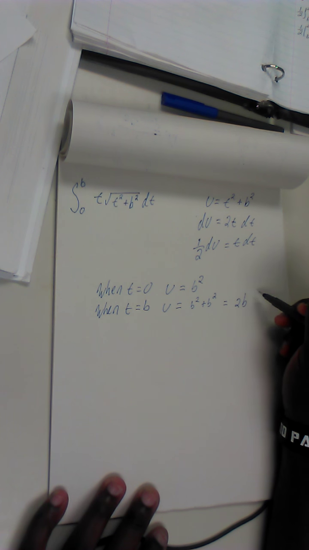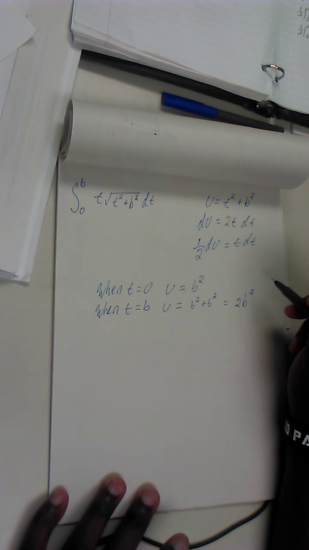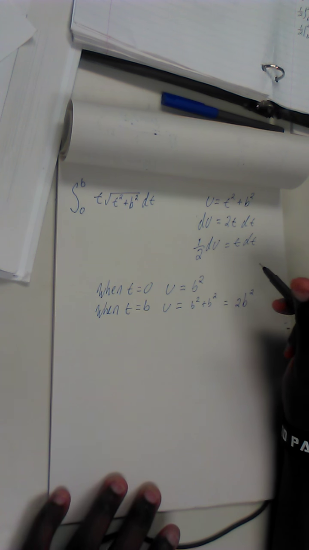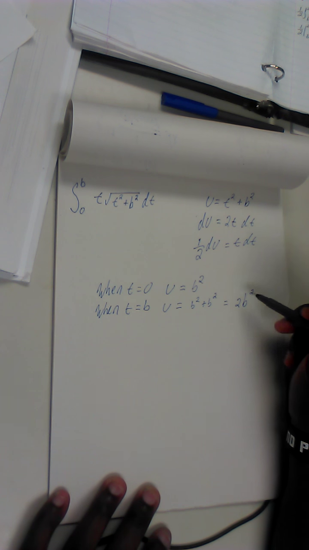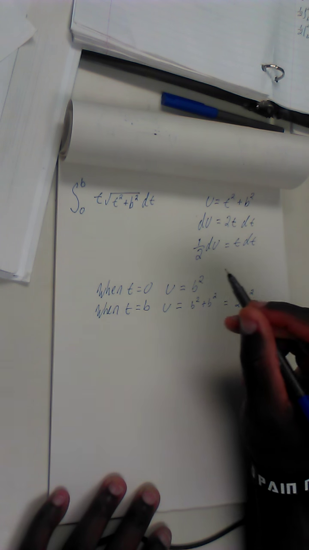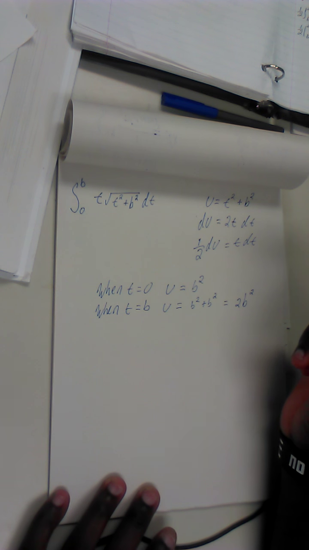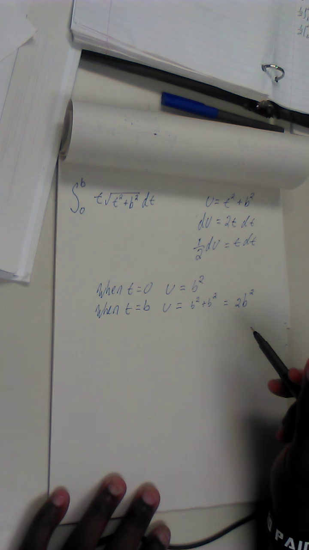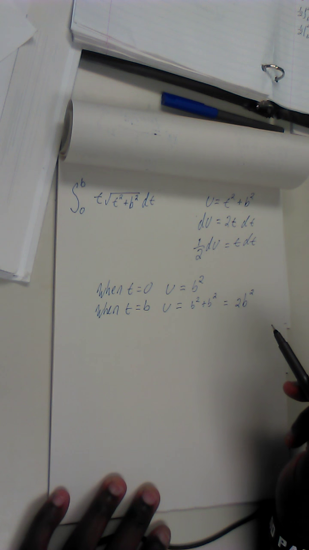So as you can see, these problems want you to know a lot of algebra. And you do learn a lot of algebra when you do calculus. A lot of times you learn more algebra doing calculus, especially calculus 1, than doing algebra itself. All right, so we know our limits go from b squared to 2b squared.